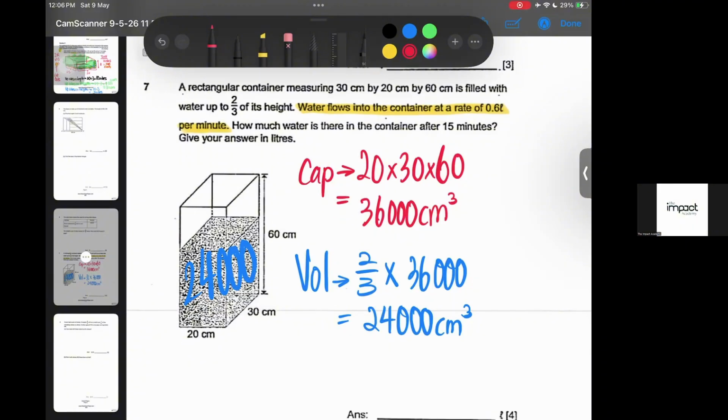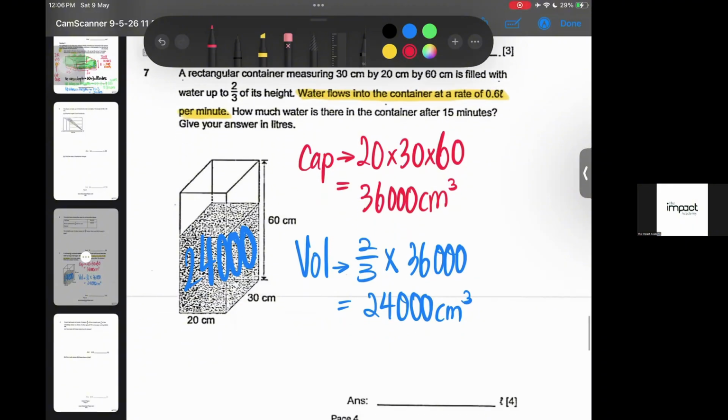At what kind of rate? There's a new volume that is happening. Every 1 minute, how much water is going in? 0.6 liters. 0.6 liters also means 600 centimeter cube.